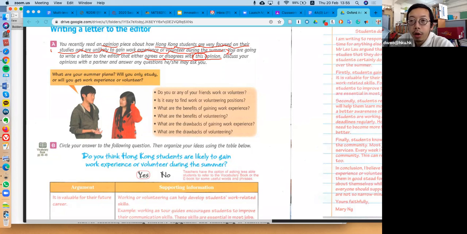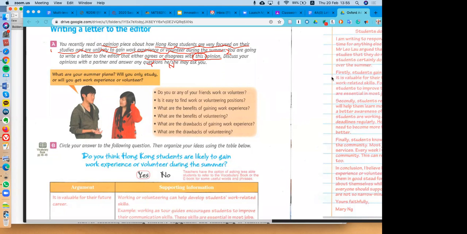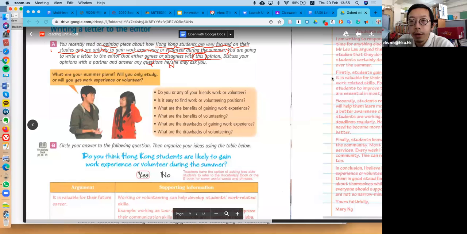Do you agree or do you disagree with this opinion? Okay, Carmen, do you agree or disagree? Agree. All right, thank you. Chloe, do you agree or disagree?